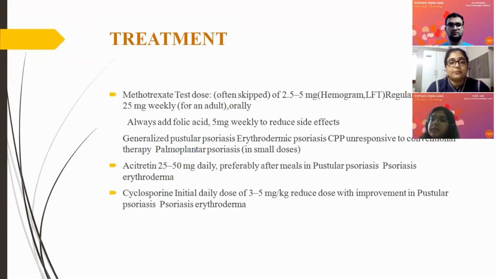Acitretin 25 to 50 milligram daily, preferably after meals in pustular psoriasis and psoriatic erythroderma. Cyclosporine again used in pustular psoriasis and psoriatic erythroderma. The daily dose will be 3 to 5 milligram per kg and then it is to be tapered off. And we cannot use cyclosporine for a long term. Therapy should be intermittent.